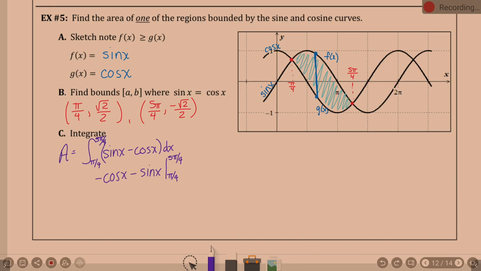Negative cosine of 5 pi over 4 minus sine of 5 pi over 4, minus, parentheses, negative cosine of pi over 4 minus sine of pi over 4.